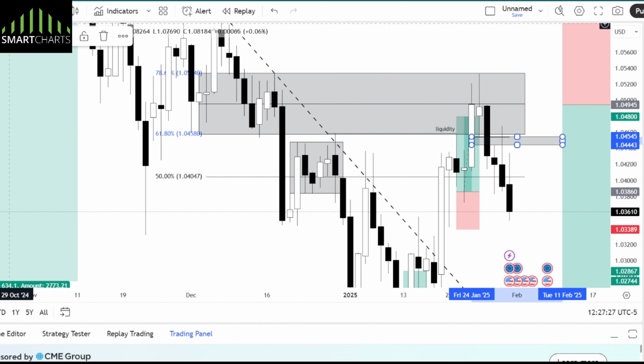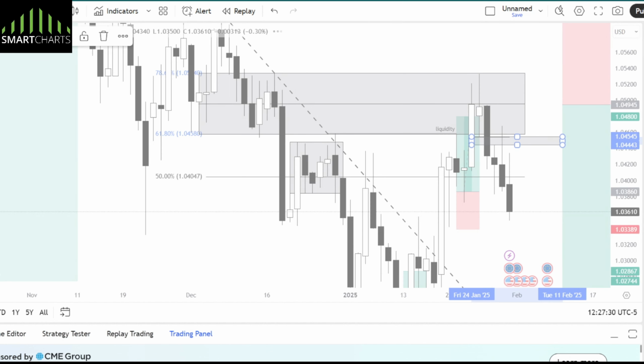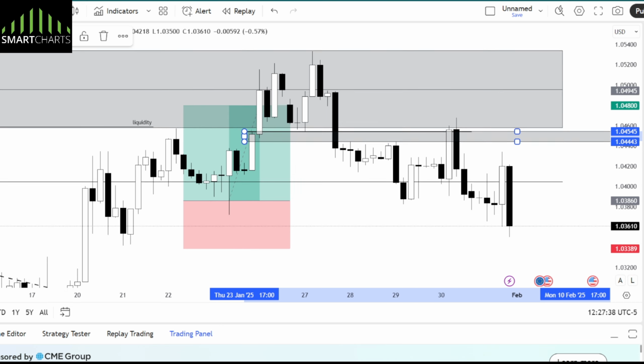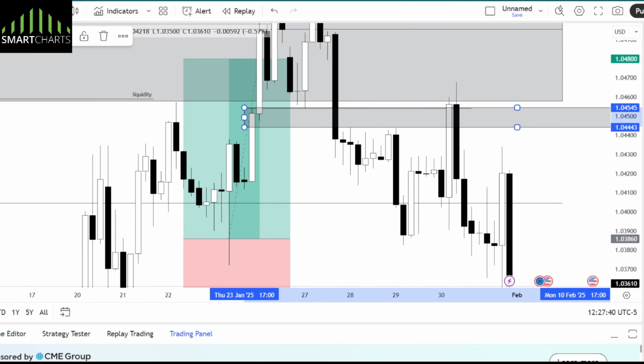So let's go to the 4-hour time frame. We're going to be looking at that exact area where we expect a play within this fair value gap that we had right here. Look at what happened. This market pushed strongly to the upside, filling this fair value gap right here.